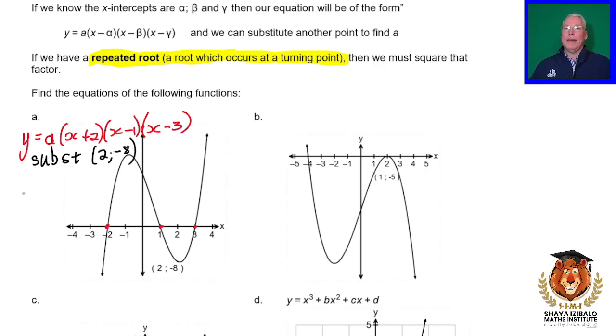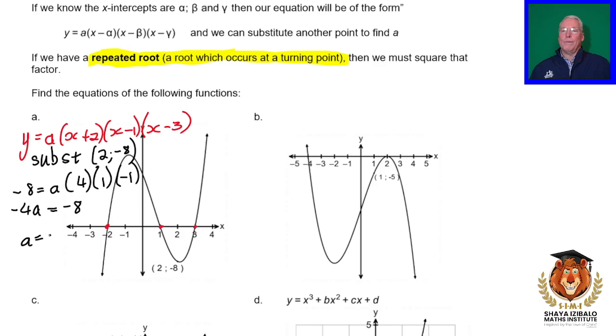So we get negative 8 equals a times 2 plus 2 is 4, 2 minus 1 is 1, and 2 minus 3 is negative 1. Right, so on the right hand side we've got negative 4a is negative 8. So in fact, a is positive 2.